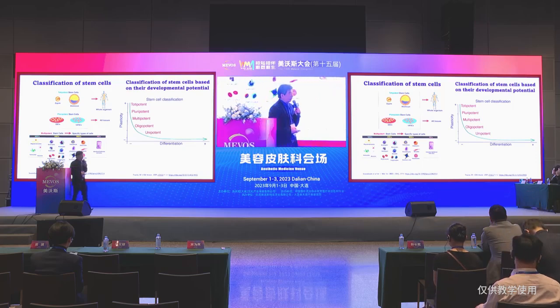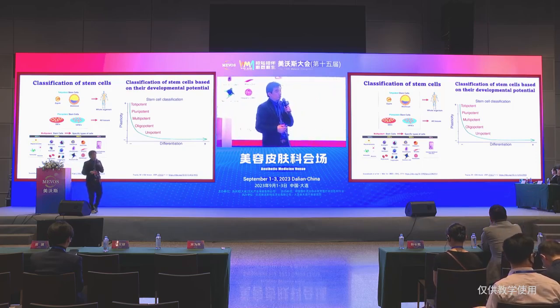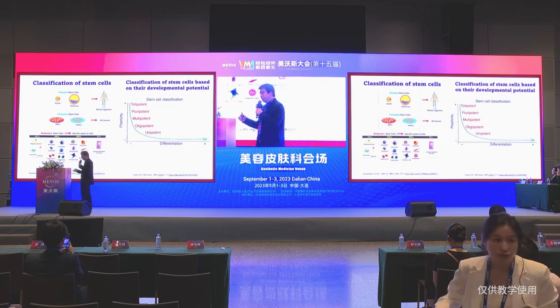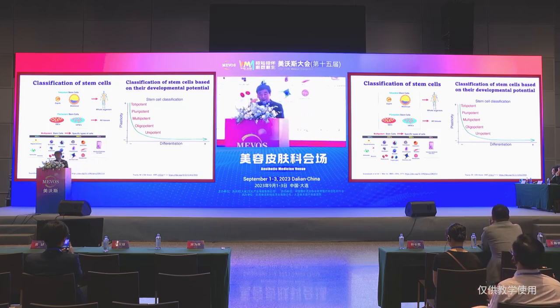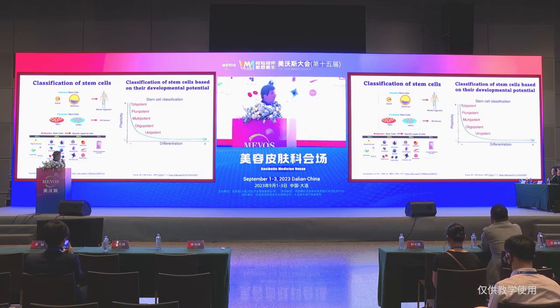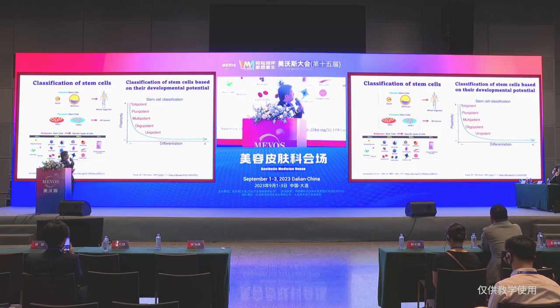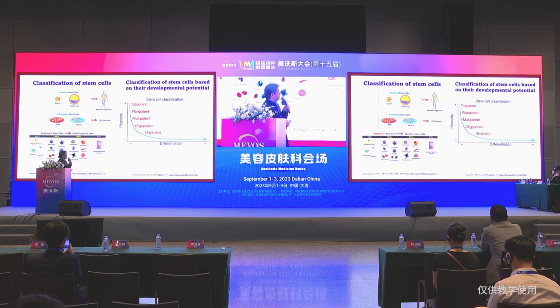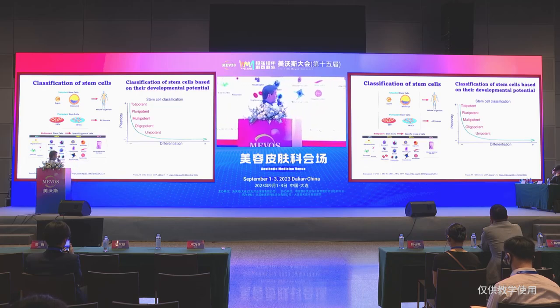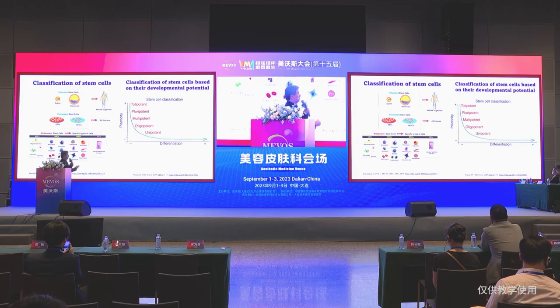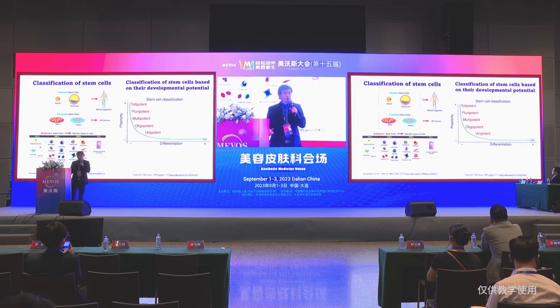Later on, they become more specific stem cells, like neuronal stem cells and mesenchymal stem cells. The potency is highest in totipotent and then pluripotent cells, and then they go through the differentiation process.